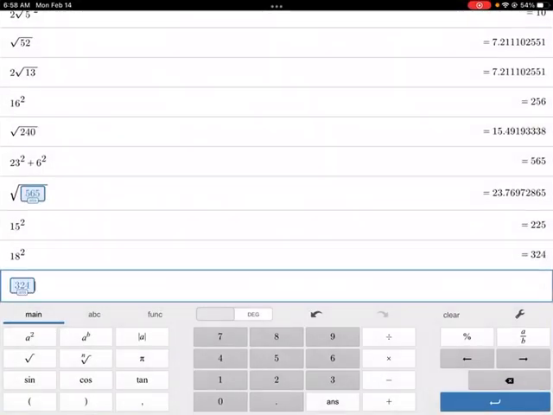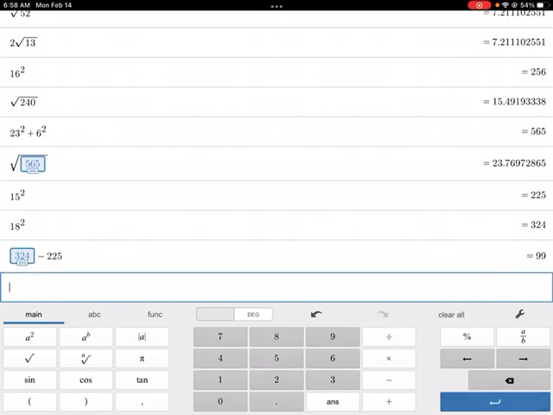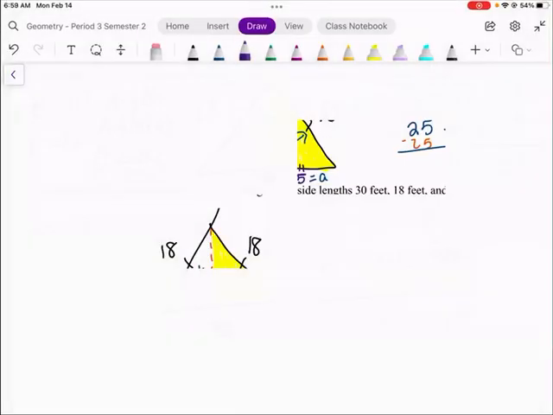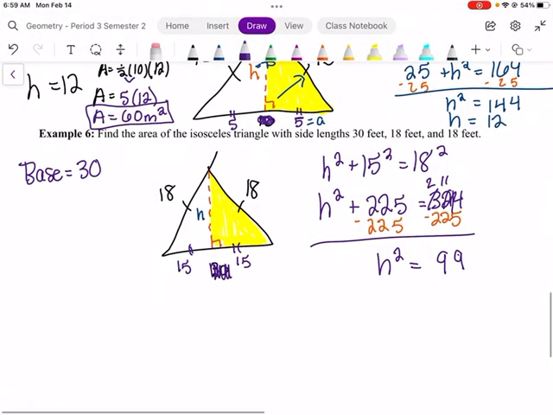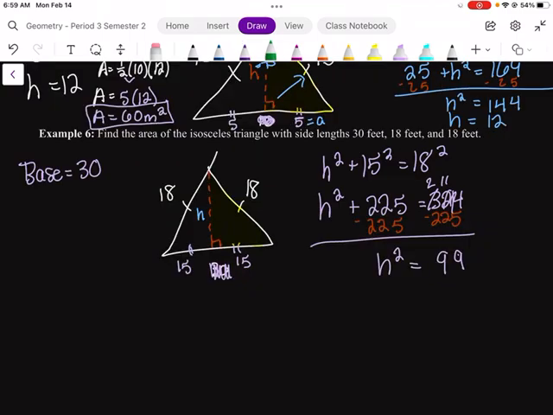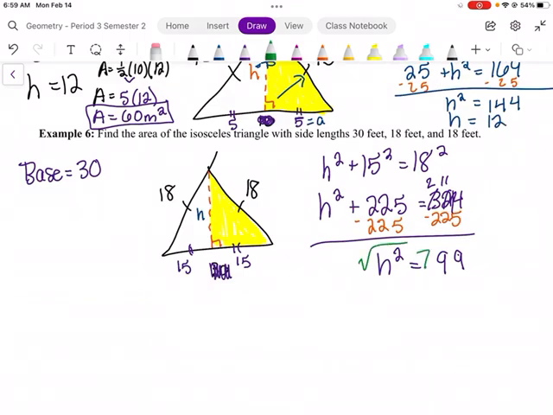And then we would take the square root there. And this one we do need to give exact answers. So I know 9 times 11 goes into 99. And 3 and 3 go into 9. So that would give me my group of 2 that I'm looking for. 3 square roots of 11 for my height.